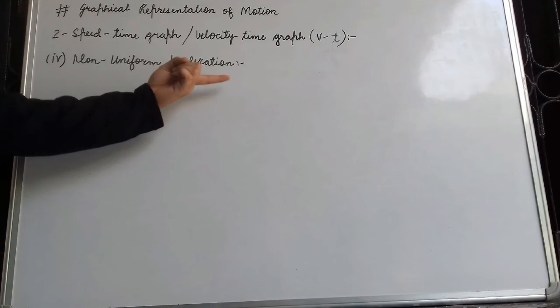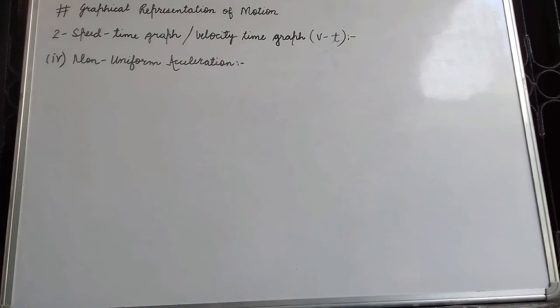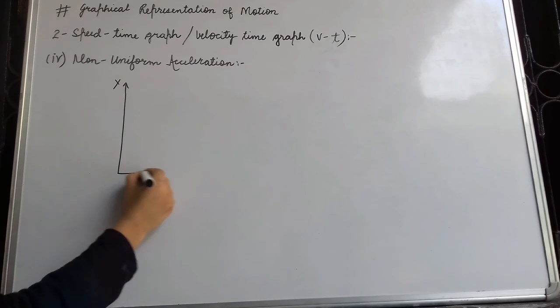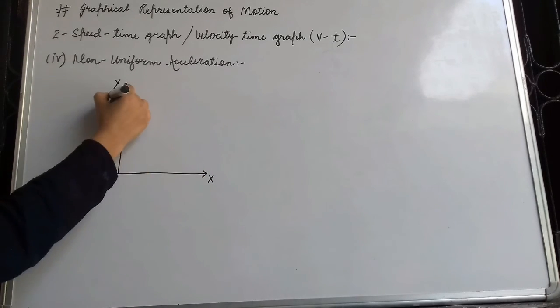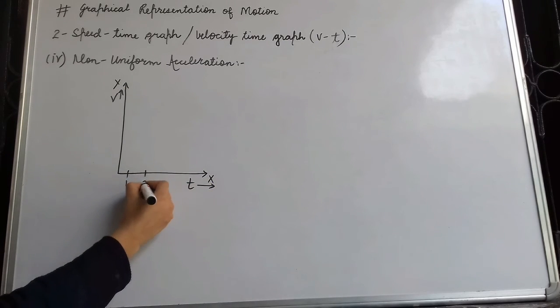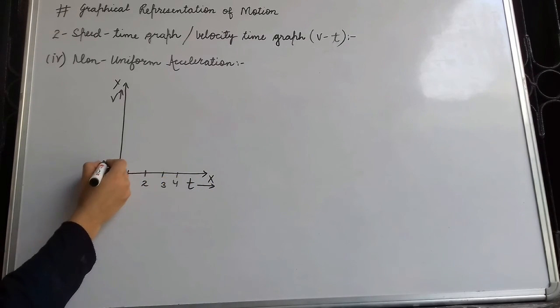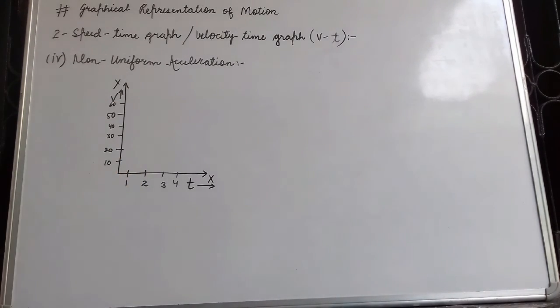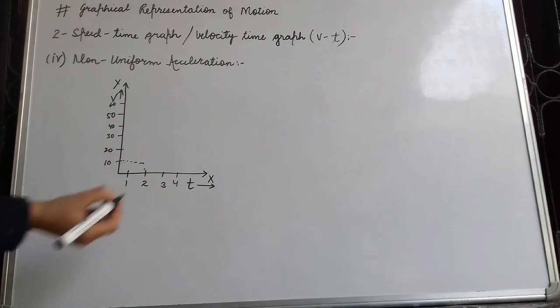The next graph is of non-uniform acceleration. So let's take the y-axis and x-axis, mark time intervals in seconds and speed in meters per second. Then it's non-uniform acceleration.